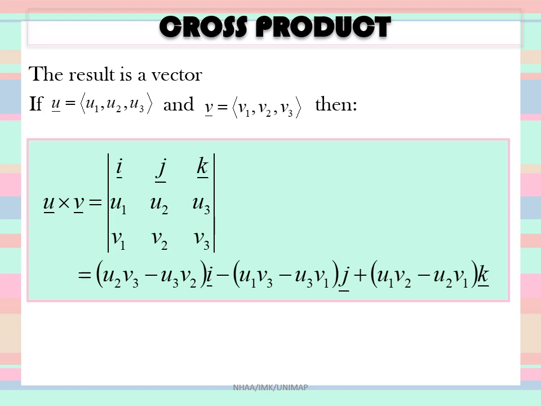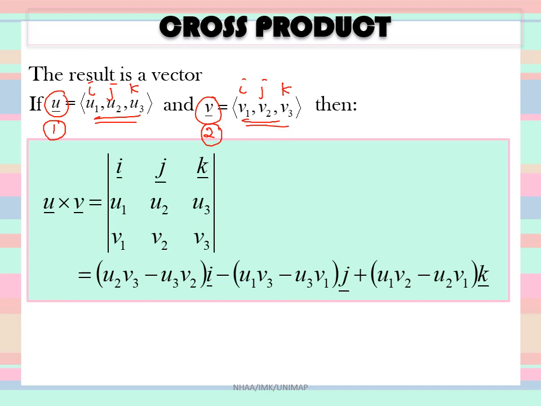Okay, in order to perform the cross product, let us assume as usual that you have vector u in this component and vector v in this component, where we know each of these component is I, J, K. Same goes to this is I, this is component J, this is component K. Alright, so U is our first vector and V is our second vector.